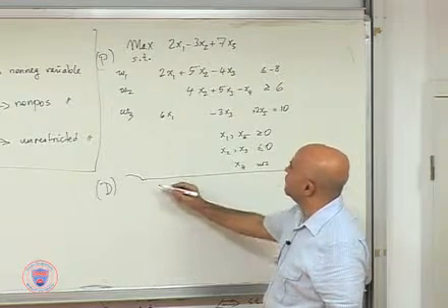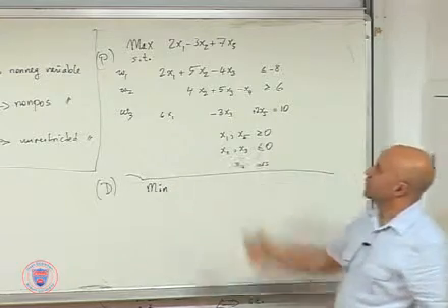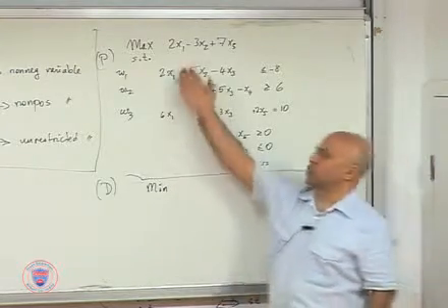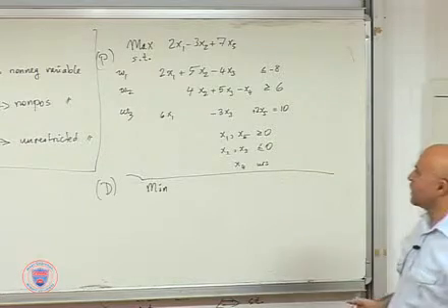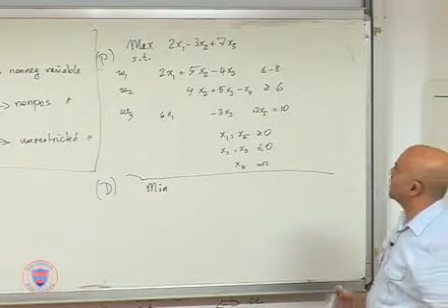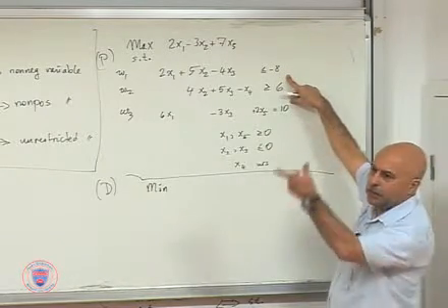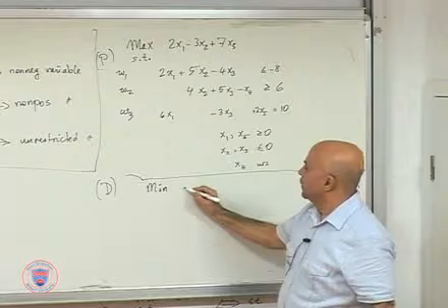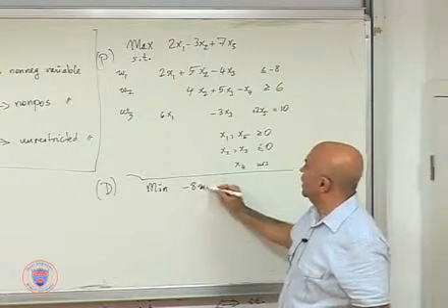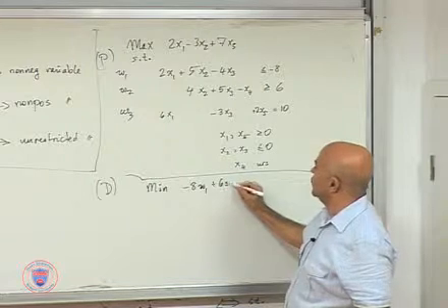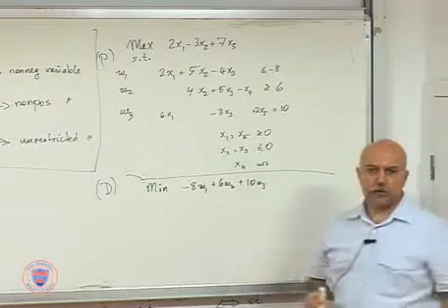Now, the dual problem is going to be a minimization, because whenever you have a maximization in one problem, the other one is always a minimization. And the right-hand side, the b vector, becomes the cost coefficients. So minus 8 times W1 plus 6 W2 plus 10 W3. That's your objective function.